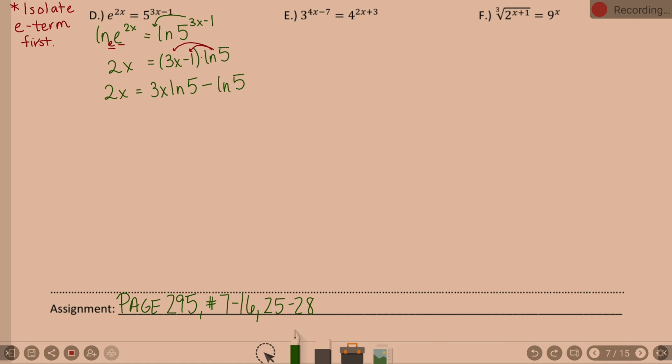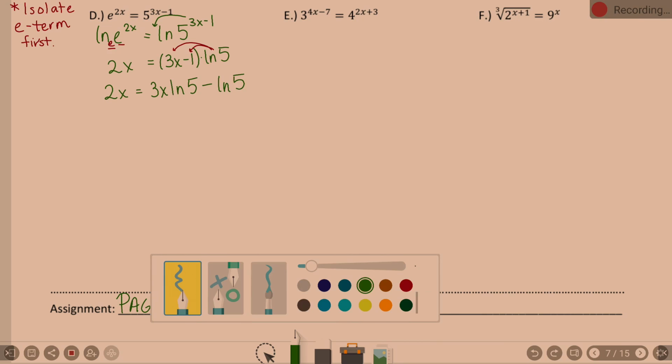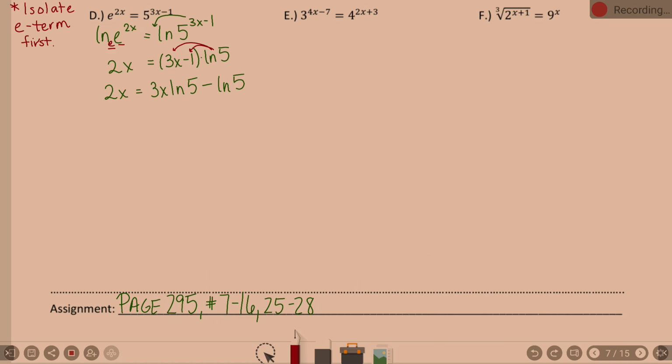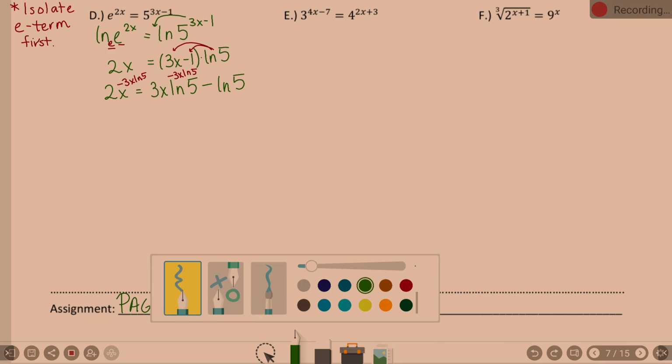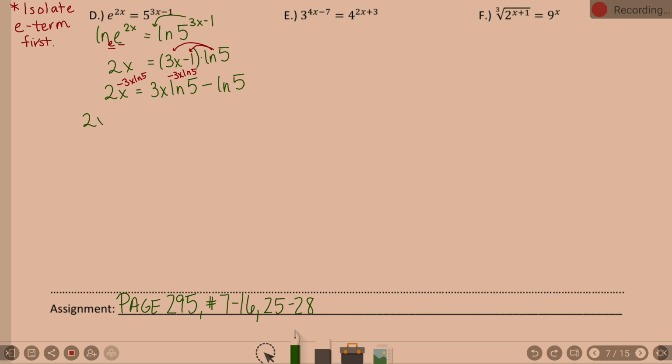My goal is to solve for x, so we're going to subtract the 3x natural log of 5 over. So I have 2x minus 3x natural log of 5 equals negative natural log of 5.